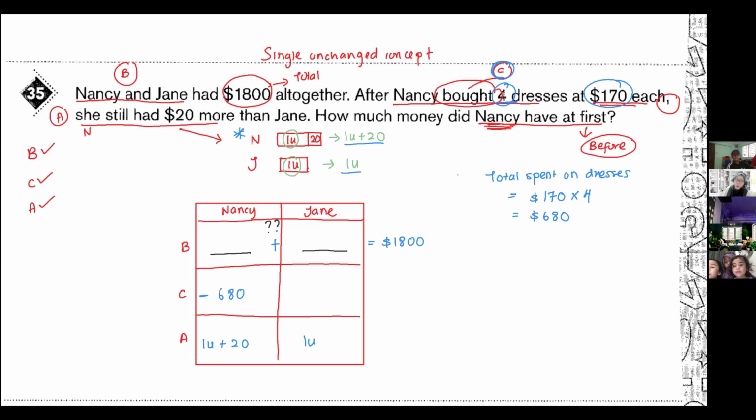I will go backwards. I will work backwards. So whatever I have in the end, okay, I will bring it up like that. However, if you look at Jane, since it's single unchanged concept, Jane is unchanged.